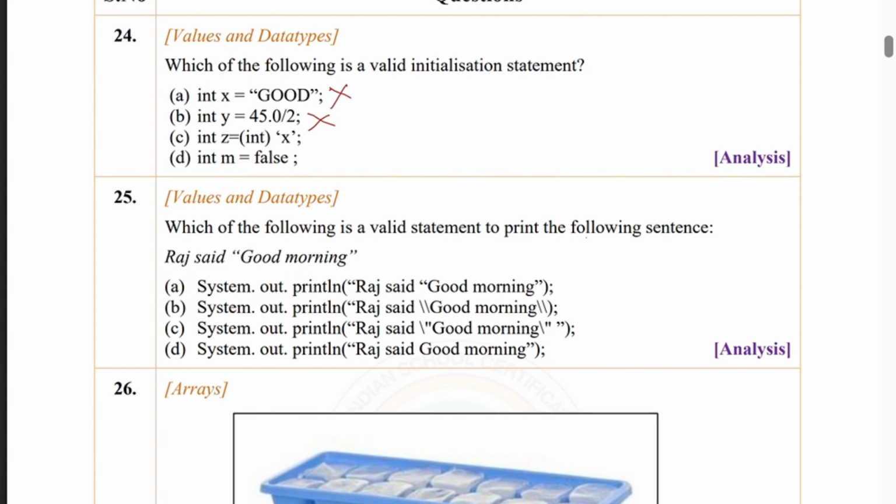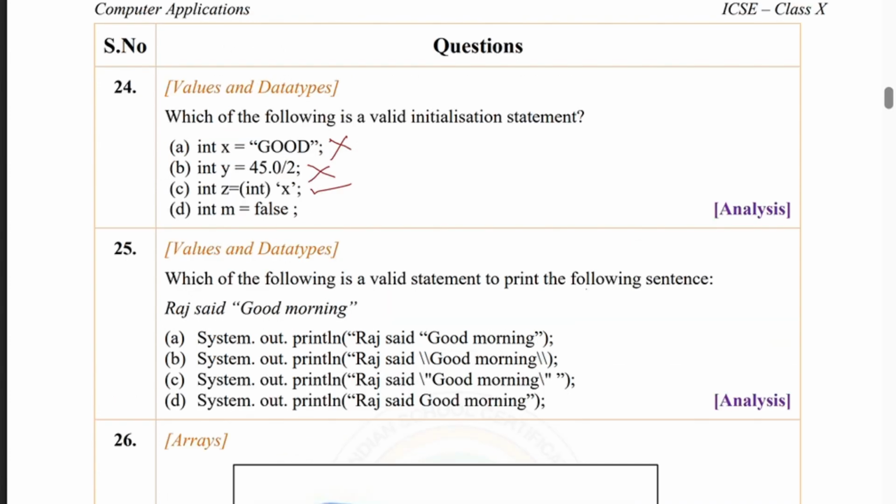Here we can take int, which is an explicit conversion: the character is converted to integer, and the data type is int. So this is correct. Int m equals false is a boolean. Boolean cannot be an int.